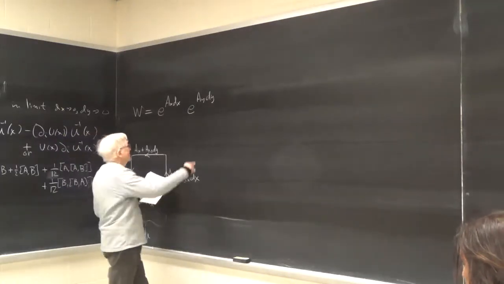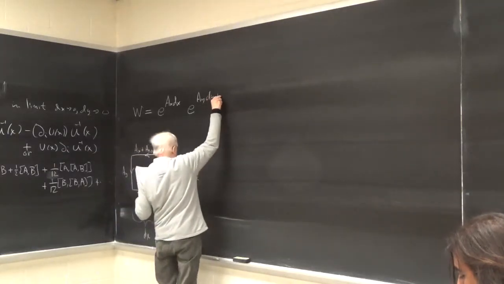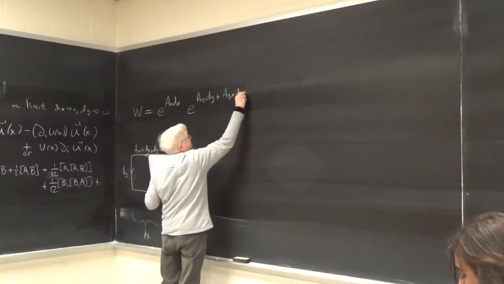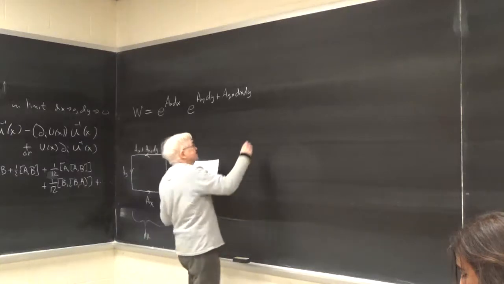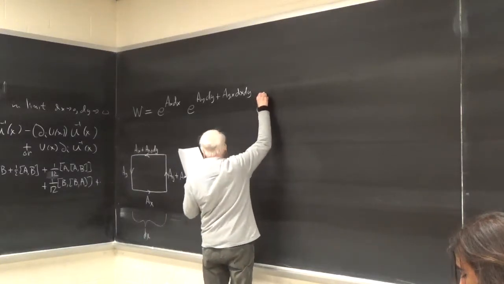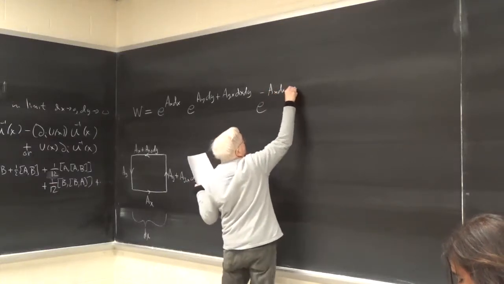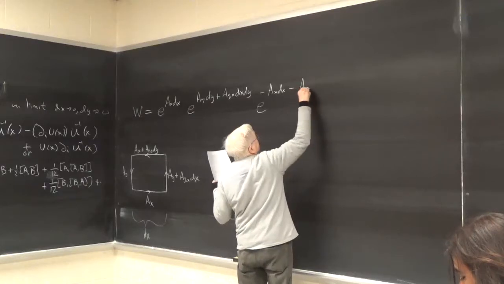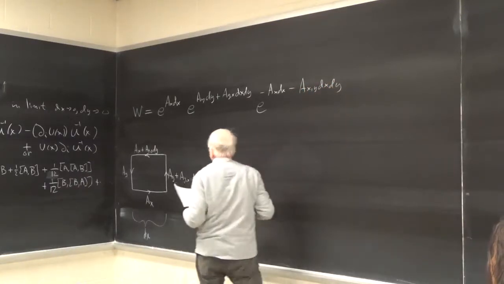And so this term here is e to the (A_y plus A_{y,x} dx) dy. And this one has a minus sign in it, so it's e to the minus (A_x plus A_{x,y} dy) dx.